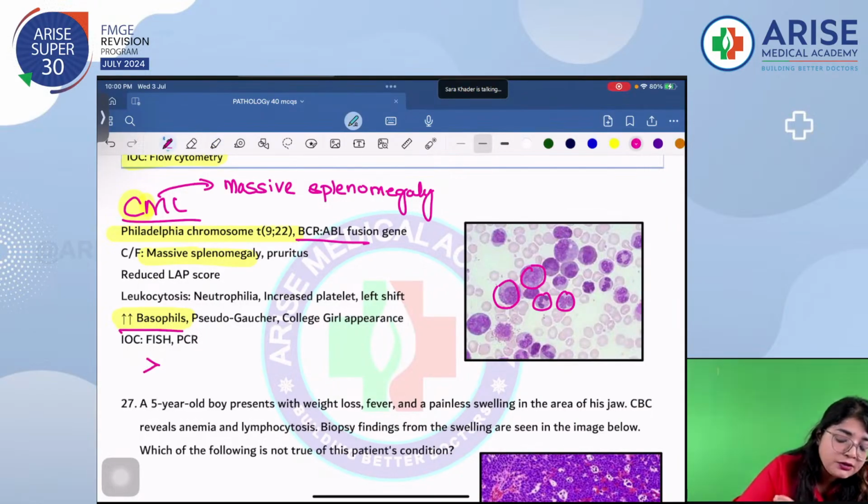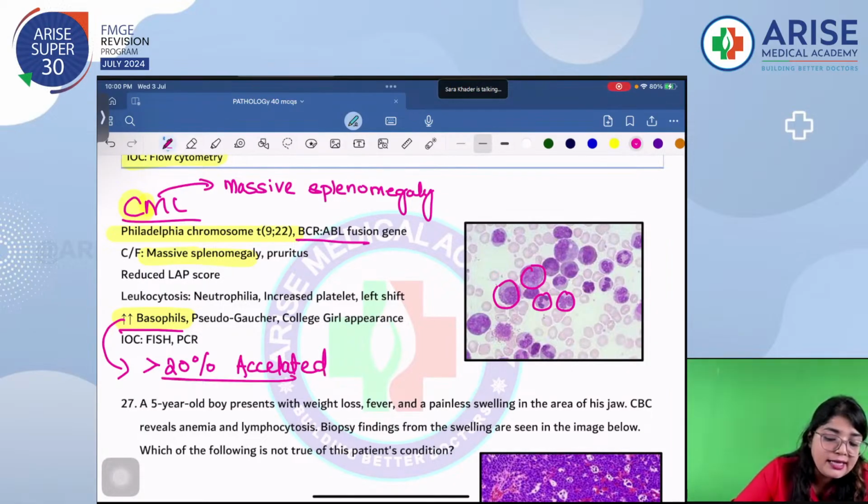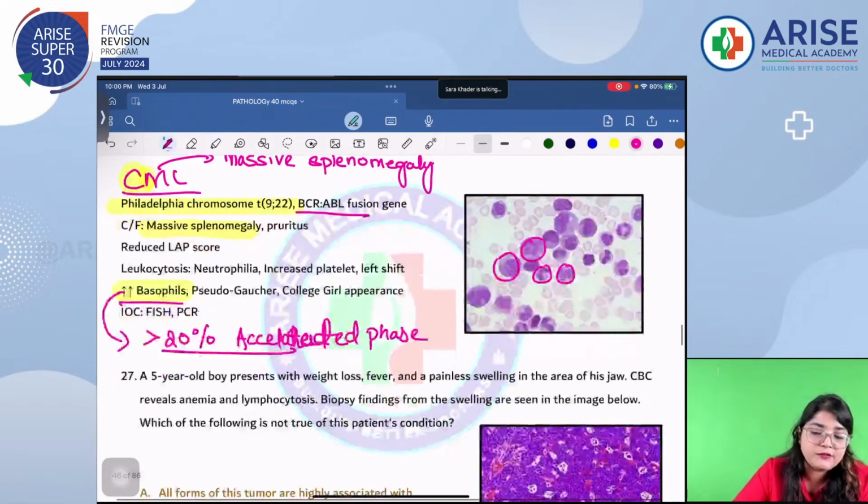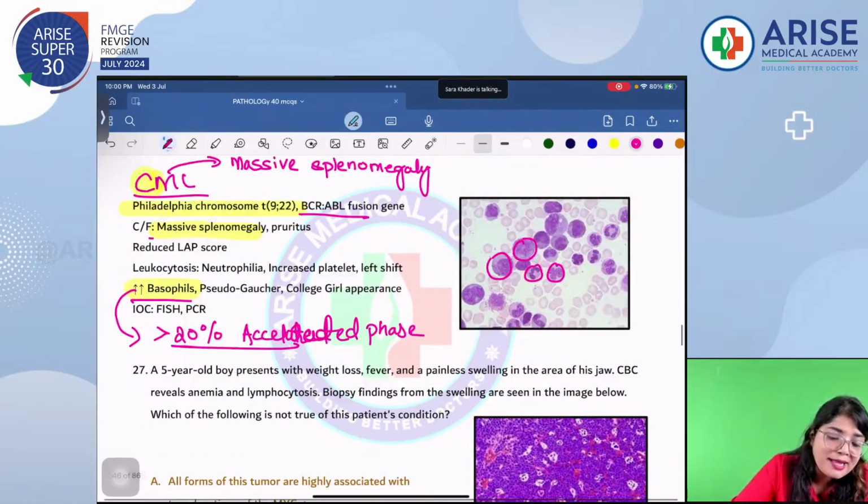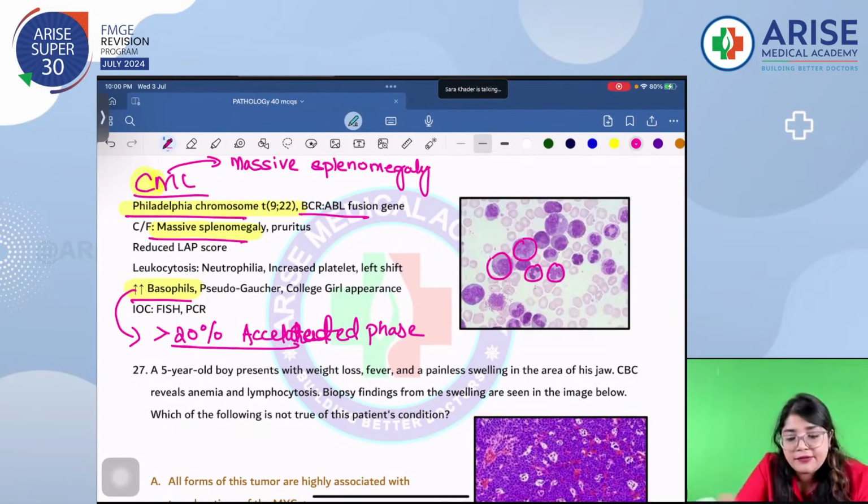Do you remember the phases? The blastic phase has a 20% increase in blasts. The accelerated phase will show you a 20% increase in basophils. So remember, massive splenomegaly and Philadelphia chromosome.